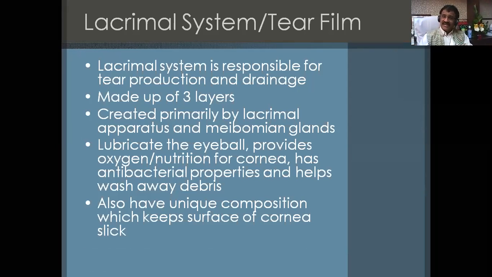Now the lacrimal apparatus is for tear. There are other glands which do not secrete tear, but these are meibomian glands which secrete an oily substance. They lubricate the eyeball and they provide oxygen and nutrition for the cornea, and it has antibacterial properties and helps to wash away debris from the eye.